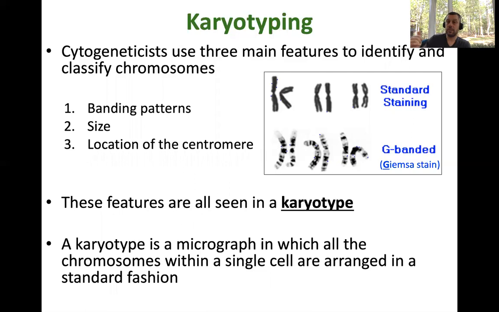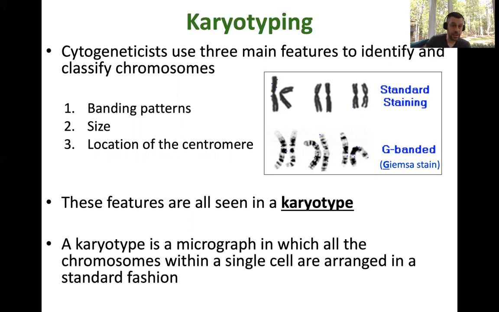Oftentimes when geneticists do this, they stain the DNA using a Giemsa stain, it's called, which leads to something called G-bands on the chromosomes. So on this little inset, you see standard staining here. This is just staining for DNA. Underneath that, you see G-banded chromosomes, which have just been stained with a different kind of stain. And it creates a very specific banding pattern, which you can use to actually look at chromosomes.